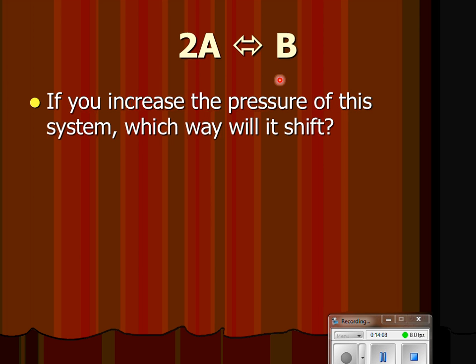If that doesn't seem logical to you, then think about Disneyland on a crowded day where there's lots of people, lots of moles of people, versus a not crowded day when there's not a lot of people. You know that there's a lot more pressure exerted, people bumping into each other, when there's 2 of something as opposed to 1. So if the pressure is too high, the system needs to bring the pressure back down. It's going to shift towards the B side, because on the B side there's fewer moles of particles.